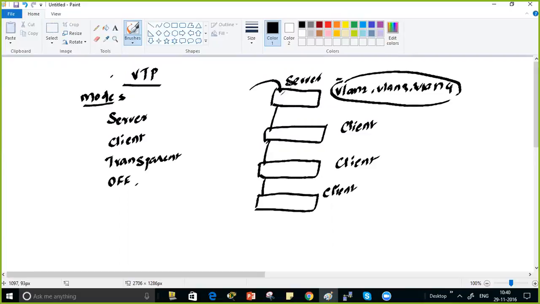The server will send a frame, that is a VTP frame, to all other switches. It will contain VLAN 2, VLAN 3, VLAN 4, but this switch doesn't maintain this VLAN information. It will maintain just a copy of that VLAN information.